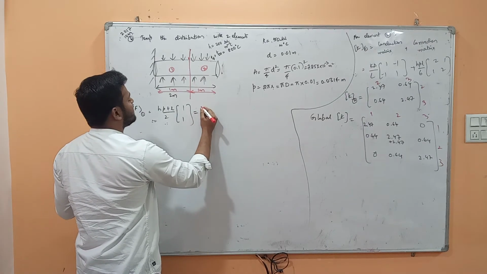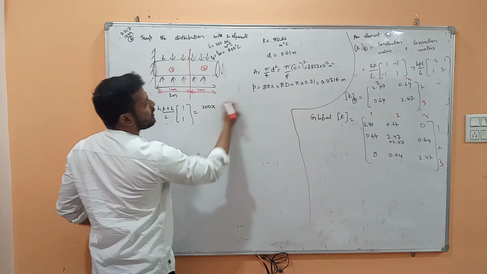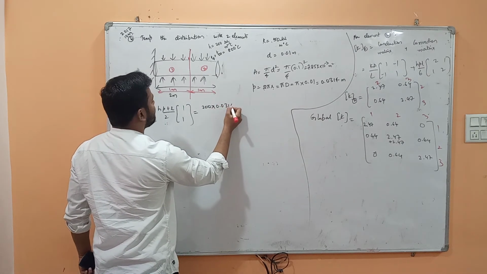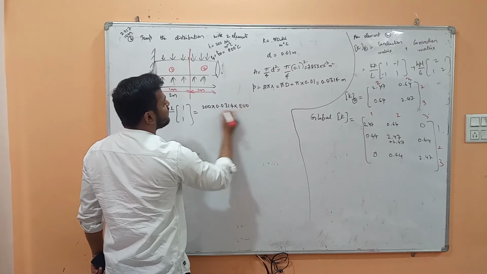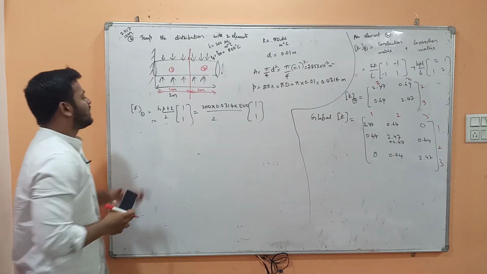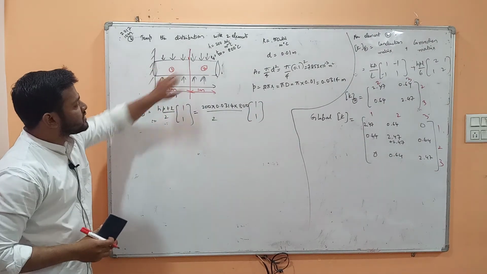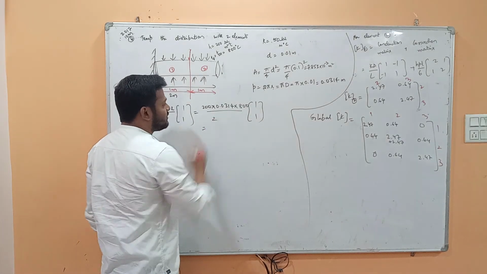So for element 1, H is given 200 into perimeter we got 0.0314 into temperature, T is 800, by 2, 1 1. So on element 2 it is acting on first node also, second node also, so we don't have to put 1 and 0 here. So we can find out this value in the calculator.